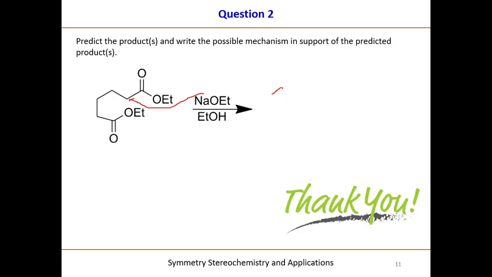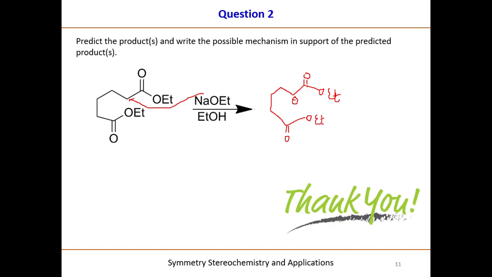I'm writing here double bond O. This is your double bond O. OEt. Here we have a negative charge. Then all groups are the same. OEt.